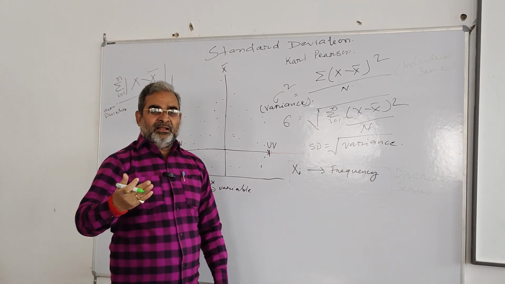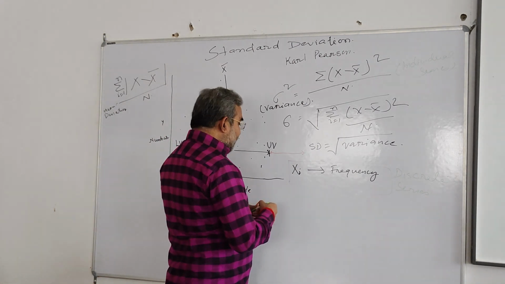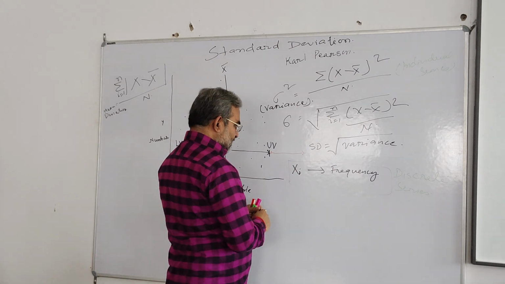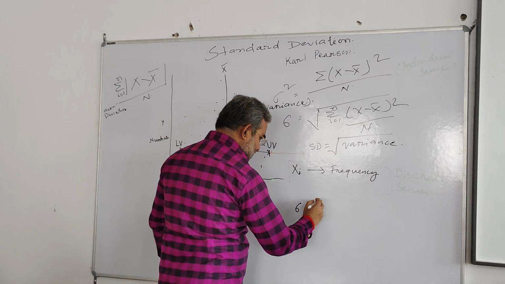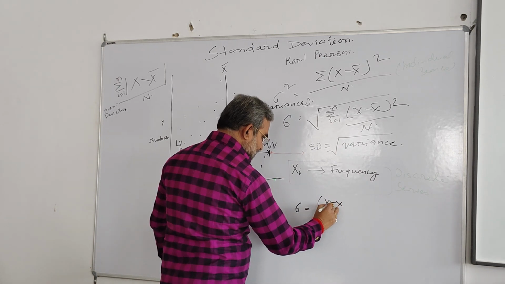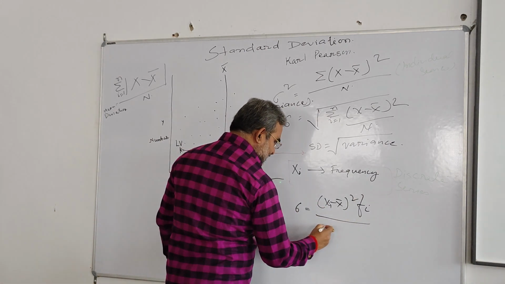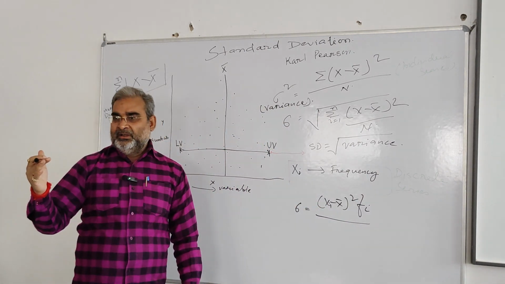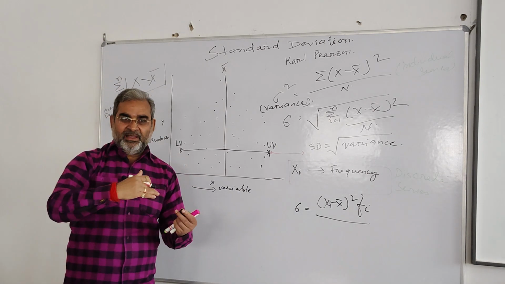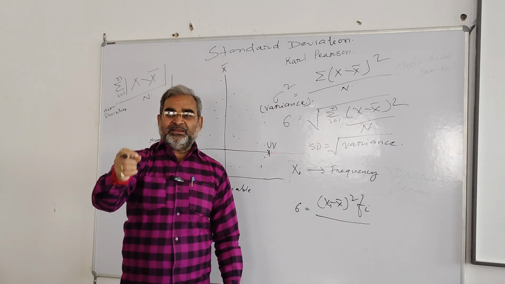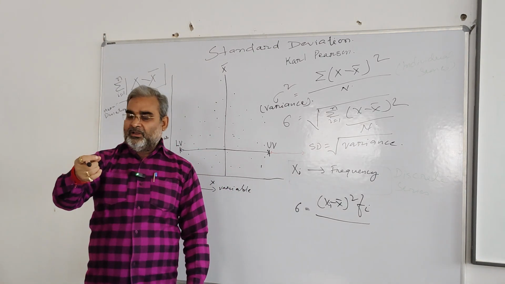That means the formula is converted to xi minus x bar squared times fi, the respective frequency, and the total number is converted into f, because f represents the value of number.